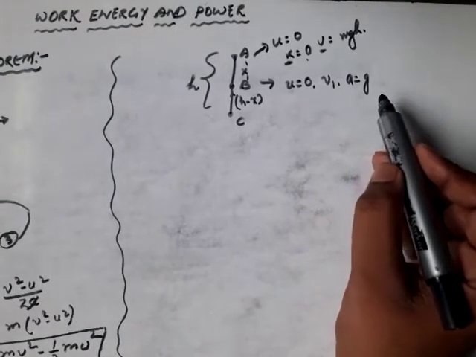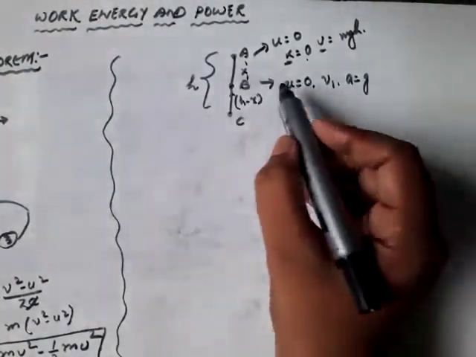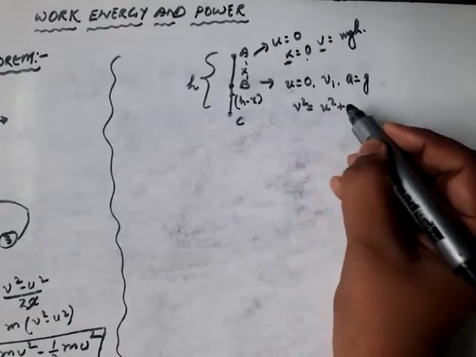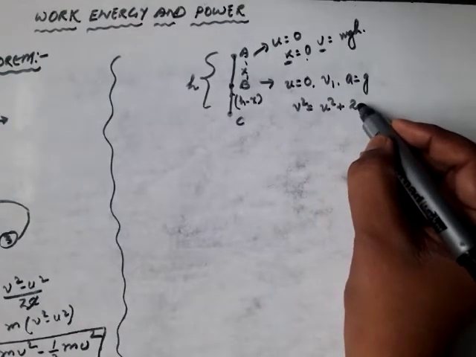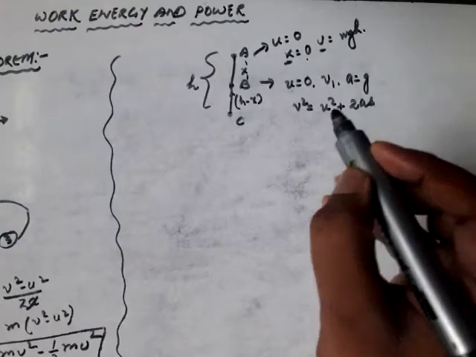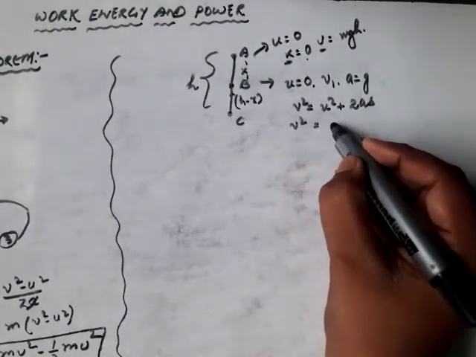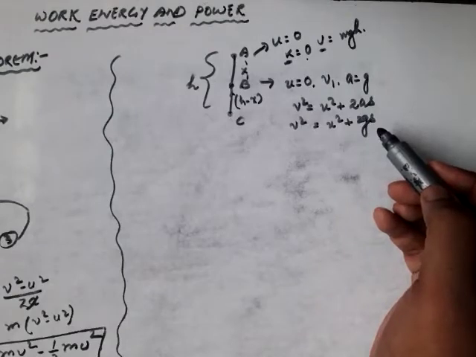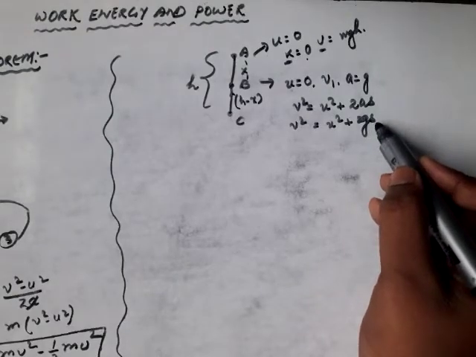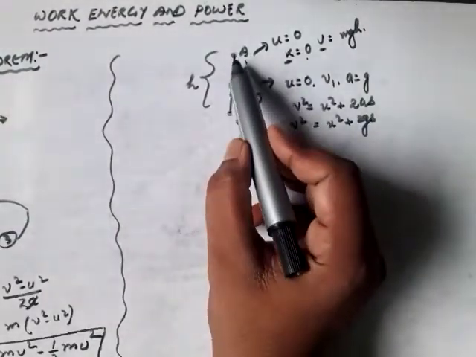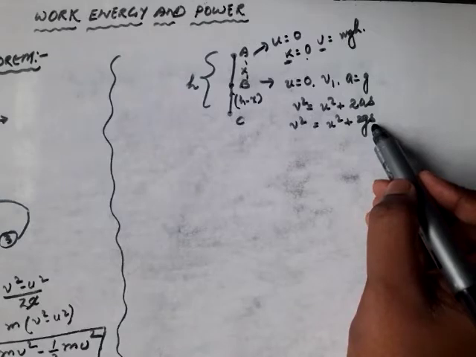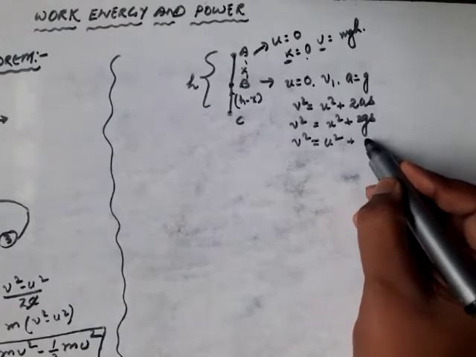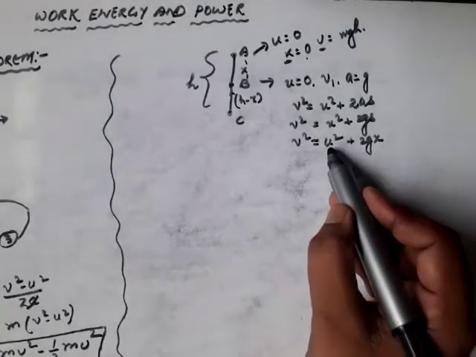So from the relation at point B, we can write v square equals u square plus 2as. Here a is g and the displacement s is x, so v square equals u square plus 2gx.